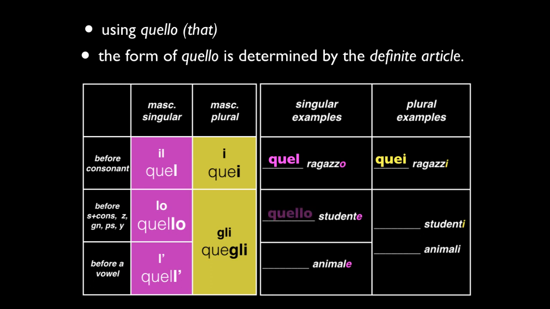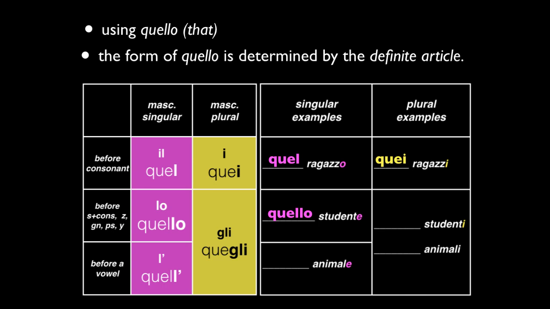And then there's the lo, which is actually the quello form. You'll realize soon those aren't used as often, one of the less common used forms, I'd say, as compared to, say, il ragazzo or quel ragazzo.